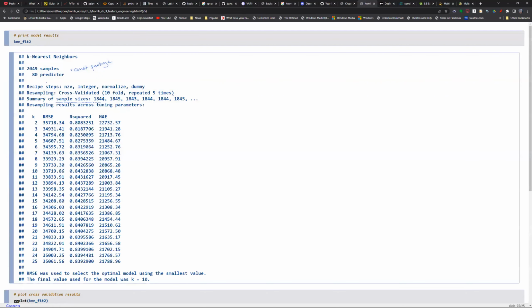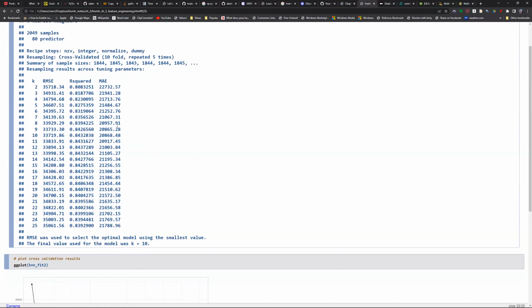So the result, which is encapsulated here in knn_fit2, this is the model. Because we're doing hyperparameter tuning, we're trying to see which is the optimal K according to the RMSE, and what we're trying to do is minimize. And Keuntae, you're correct.